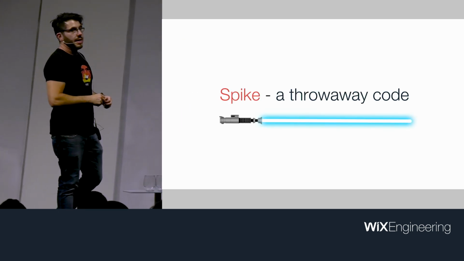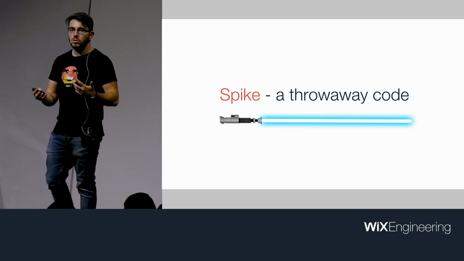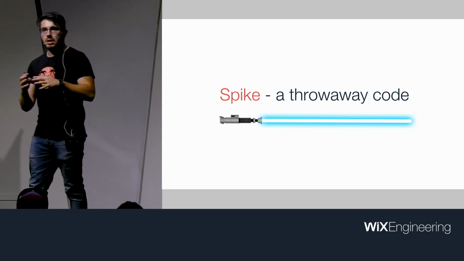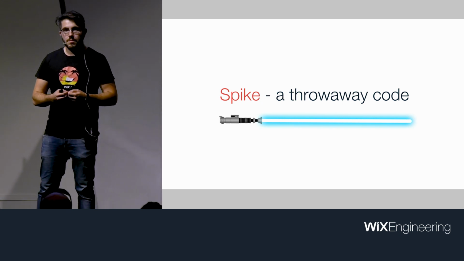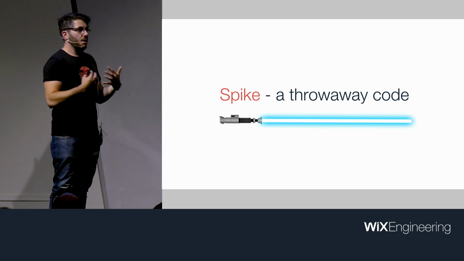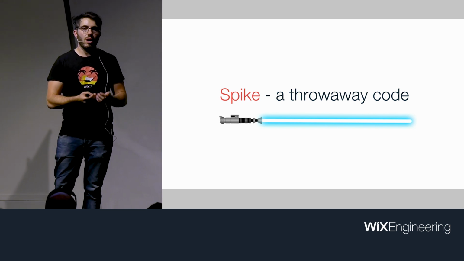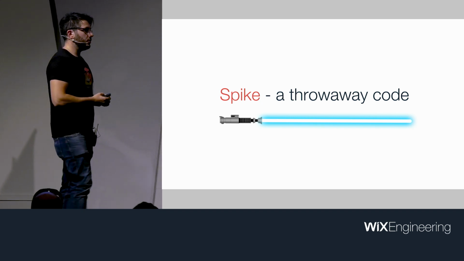The next thing is Spike, which basically is throwaway code which we write in order to create a naive implementation of a potential solution to a problem. Right? And what this gives us, it allows us to gain way more information and way more facts and give out way more accurate estimates when we are asked to do so.